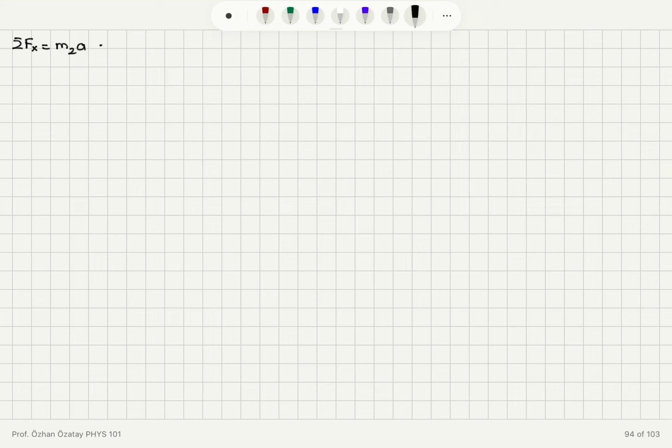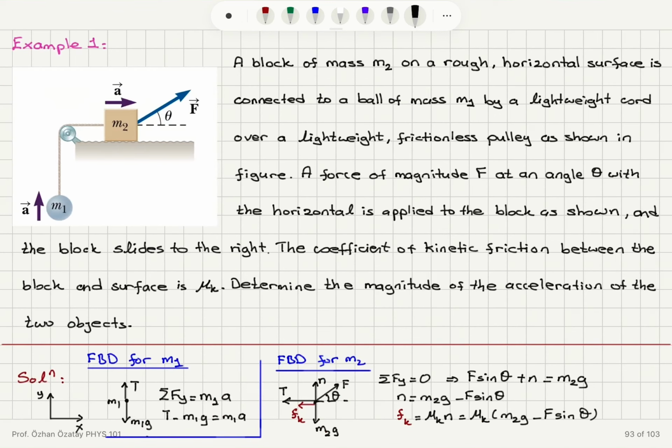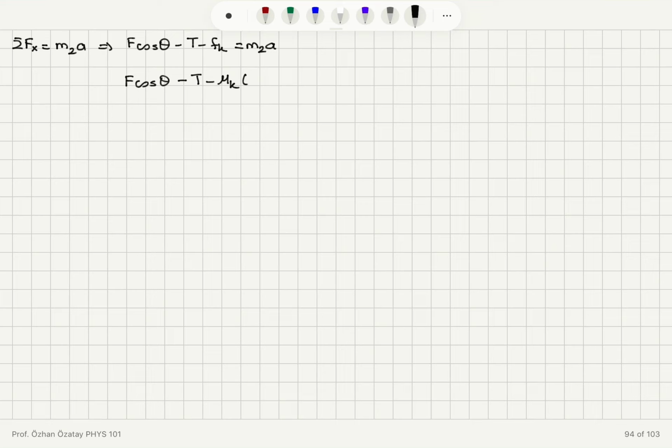So F cosine theta minus tension minus mu k times, I substitute for kinetic friction, mu k times (m2g minus F sine theta). This must be equal to m2 times a.